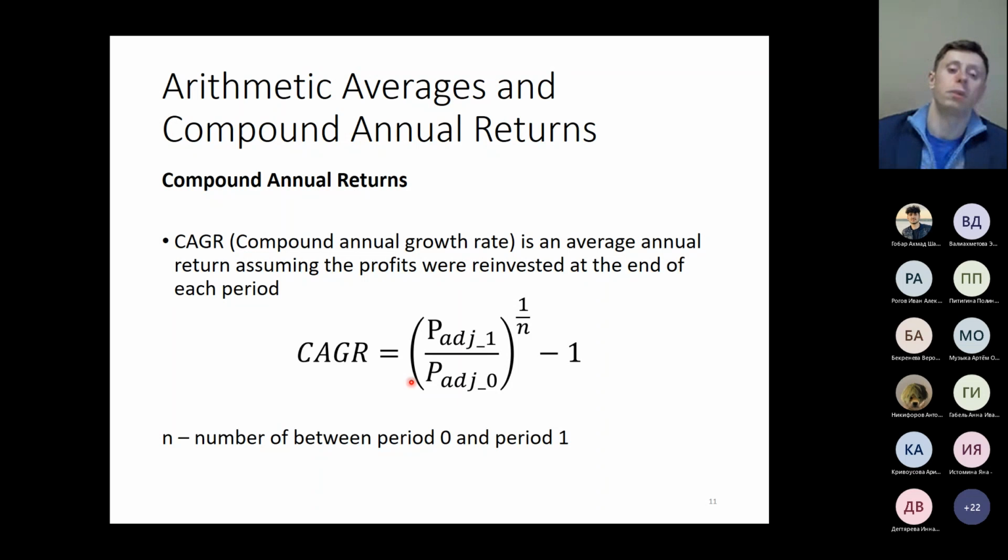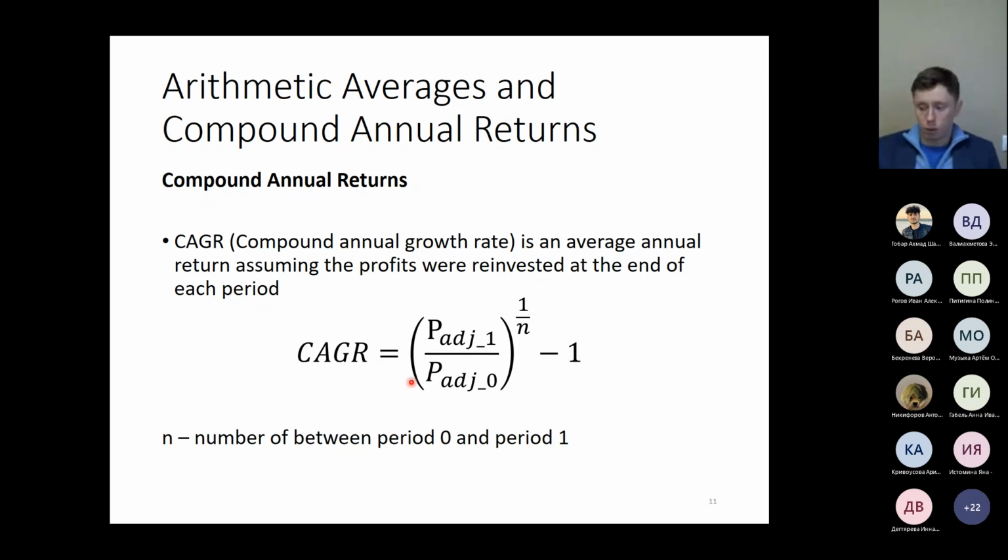Another term, so far we talked about holding period return. This is the return for the period that we hold. It can be any period. It can be multiple seconds if we talk about high frequency trading, or it can be multiple dozens of years if we talk about investment for retirement.